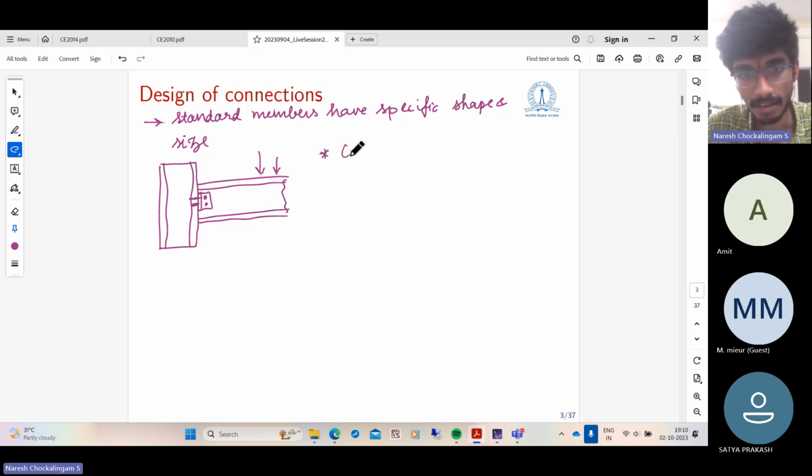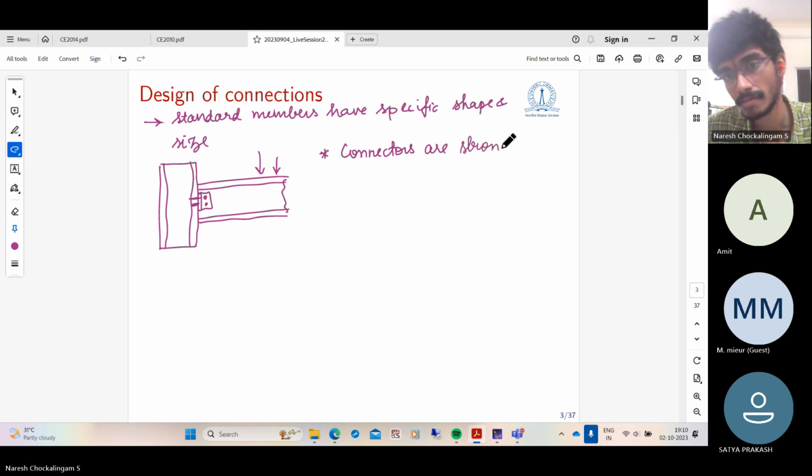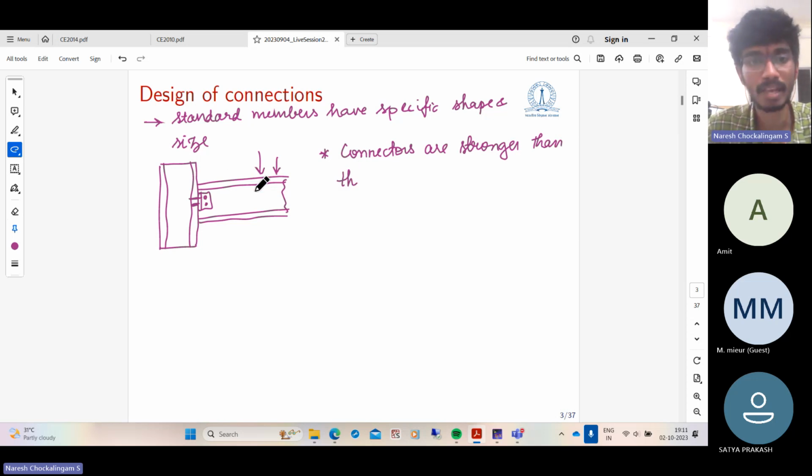So the connections or connectors are stronger than the members. We typically keep the beam weaker than the connection. Why is that so?